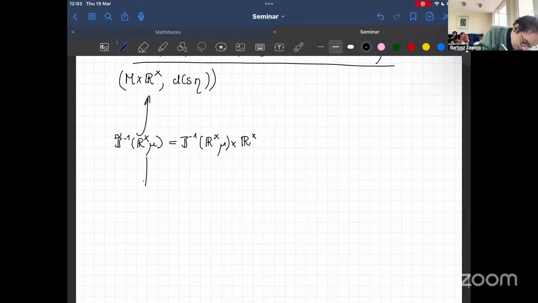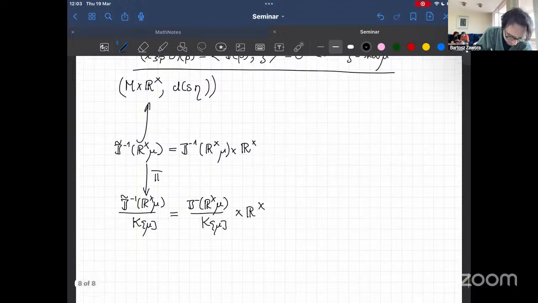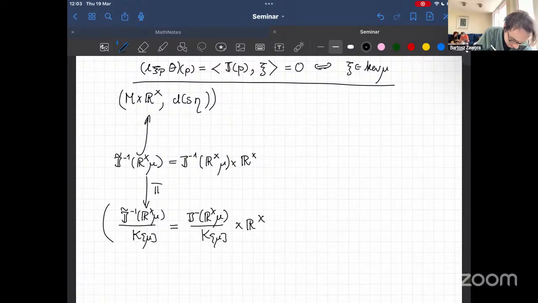So we project, and this is J^{-1}(R cross mu) by K_mu, right? But the Lie group action doesn't affect the s coordinate. So it's basically R cross mu divided by K_mu times R cross. Okay, and this is a homogeneous symplectic structure, with the structure s eta_mu.